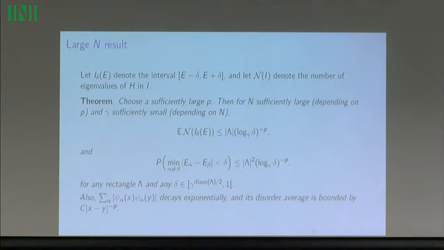So the result that I can prove about this discrete disorder problem, well, here it is. Just for notation, let I_delta(E) denote an interval about E of radius delta. N(I) is the number of eigenvalues in that interval, and so this is a density of states bound. It says what's the expected number of eigenvalues in a small interval about E. Ideally, you would want this to go to 0 with delta. That would give you some sort of continuity of the distribution of energy levels.